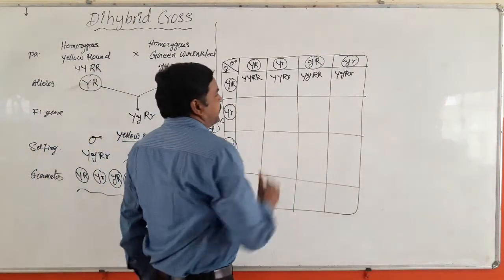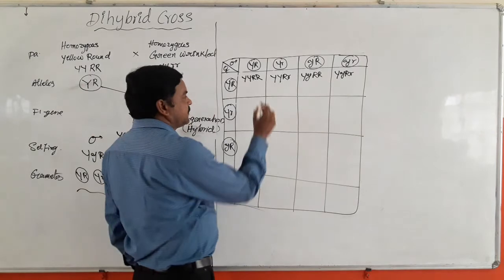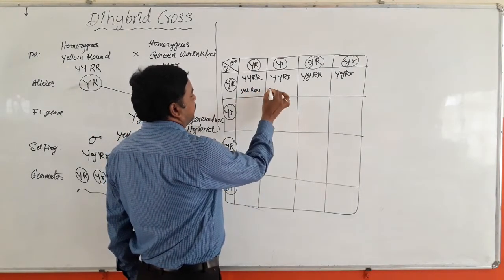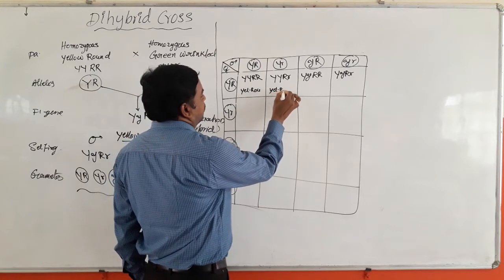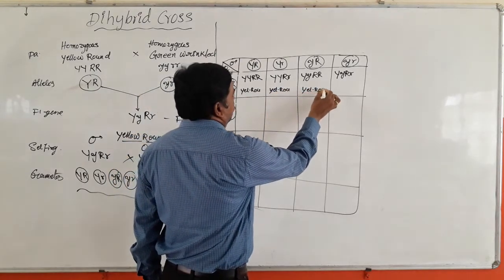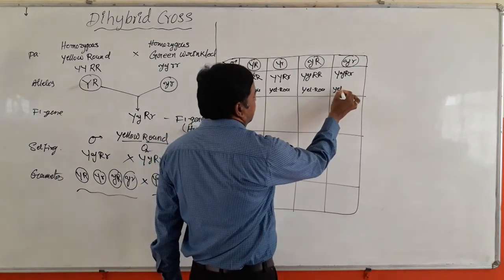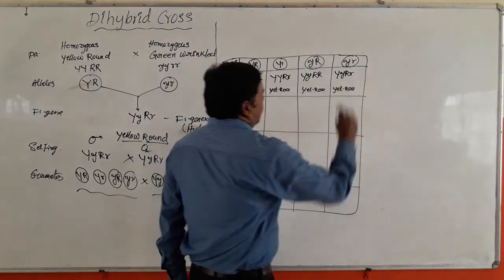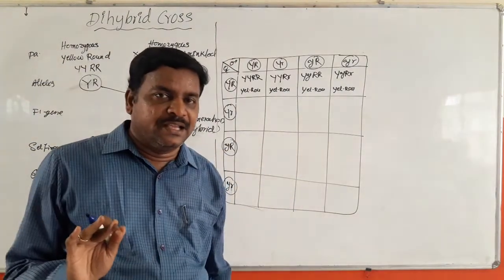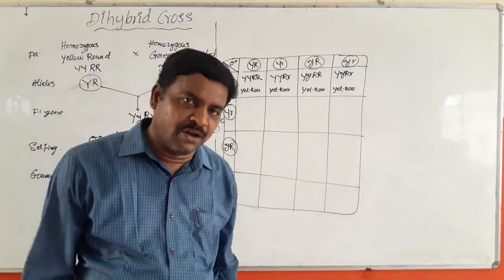And what about the phenotypes of these first four plants? This is a yellow round, yellow round, yellow round, yellow round. All these four plants, they are phenotypically similar, that is yellow round.